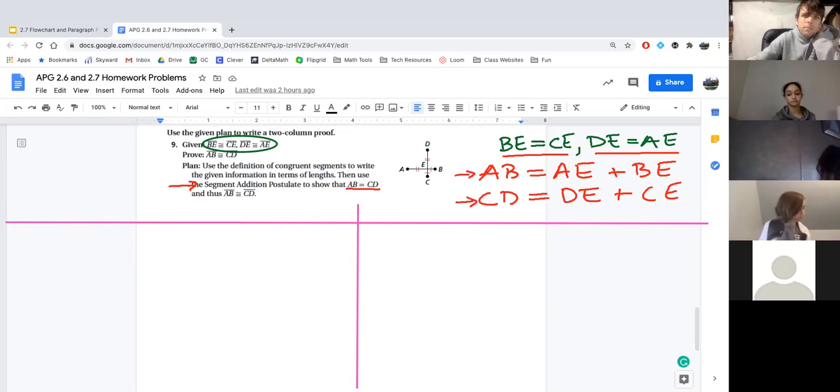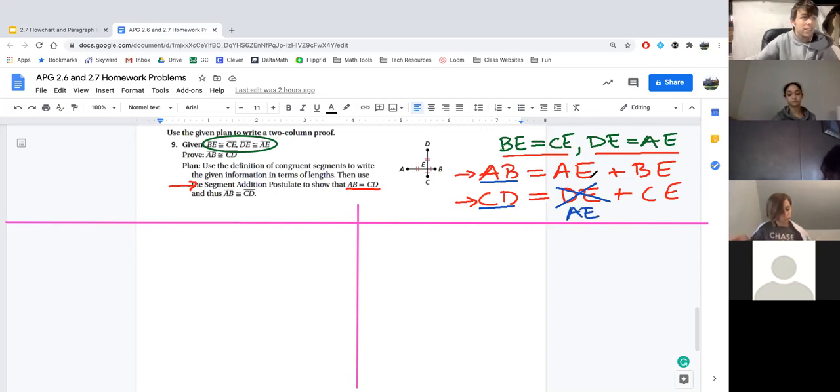It's important to keep in mind what our goal is. Our goal is to show that these two things are the same, that AB and CD are actually equal to each other. And the way that we're going to do that is we're going to make the right sides match each other. I'm going to make use of our statements up here previously to make some substitutions. So instead of DE, I can replace it with AE because those things are equal.